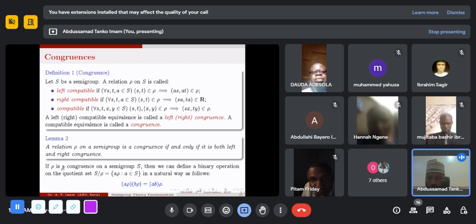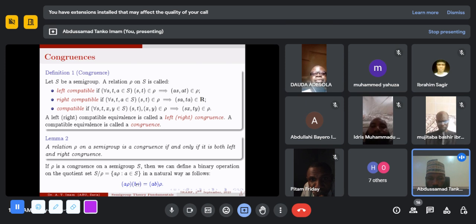And if rho is a congruence, then we can define a binary operation on this quotient set in a natural way by multiplying two equivalence classes. So the equivalence class of A under rho is multiplied by the equivalence class of B under rho to produce the equivalence class generated by the product of A and B. So there is a product already of A and B in the underlying semigroup.